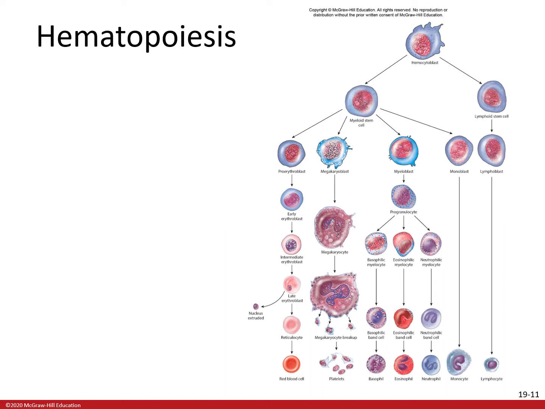You do not need to regurgitate this information exactly as it is, but I would look it over and get an understanding of how the different cells relate to each other, where they start from, where they come from, and how we are going to have some of our finished products form. So that bottom level there is our red blood cells, our platelets, and our various white blood cells that I do want you to know.